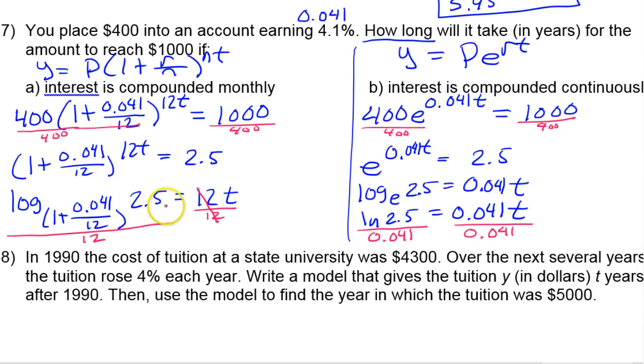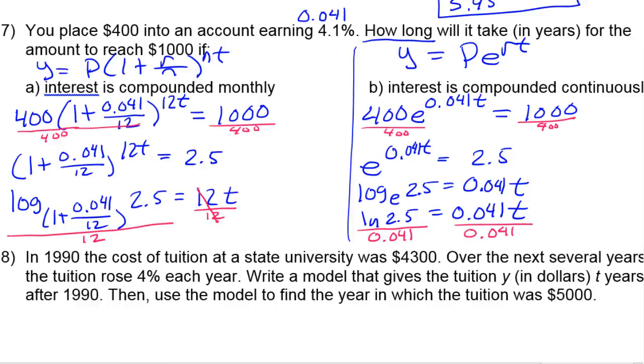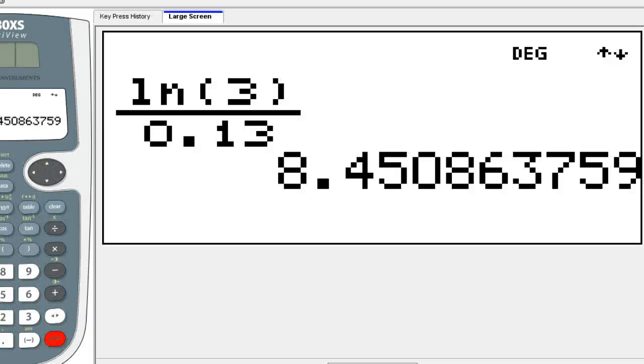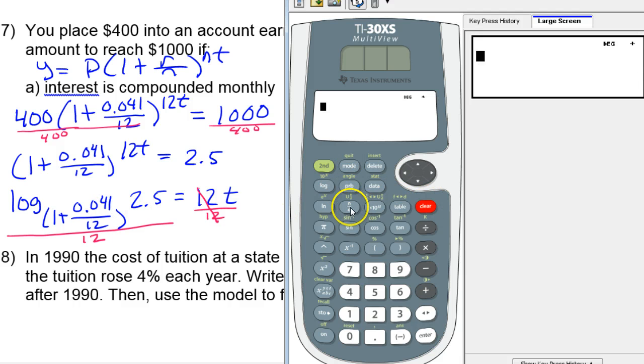So it's just a matter of putting all this in the calculator to get our final answers. As I go to put this in my calculator, I would recommend starting in fraction mode. What's the denominator of this whole situation? 12. So if I were you, I would put the 12 in first. Now in the numerator, I'm going to have to do the change of base formula. So I need to do log 2.5 over log parentheses.